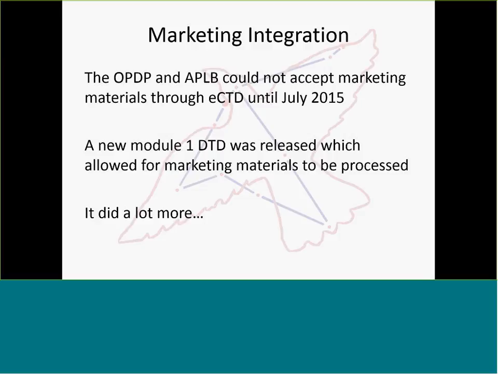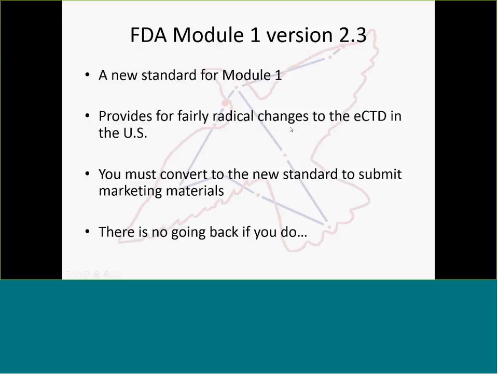And a new one was released a little bit over a year ago and became accepted by the FDA in July 2015. For promotional materials, it adds a whole lot more, and it's really a stepping stone to the next version of the eCTD when that eventually comes out.